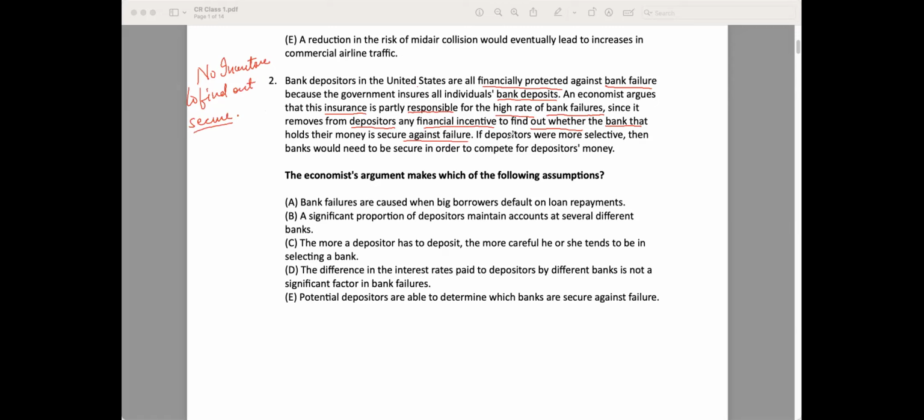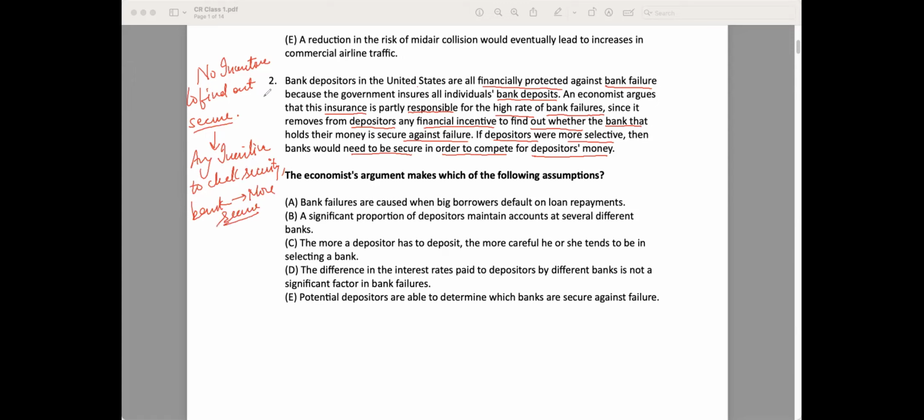If depositors were more selective, then the banks would need to be secure in order to compete for depositors' money. So if there is any incentive to check the security of the banks, banks would like to be more secure.